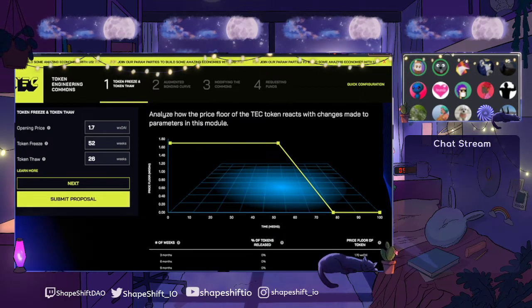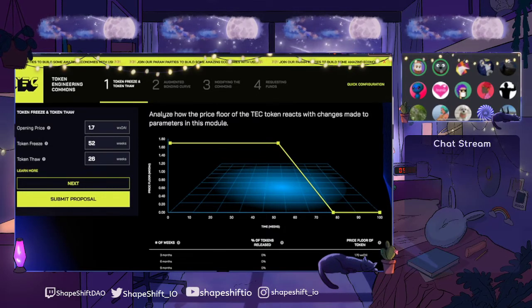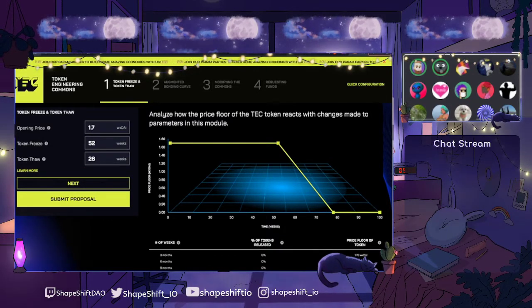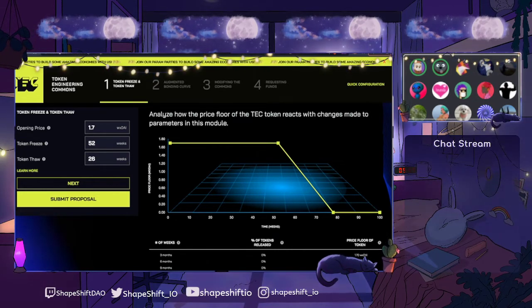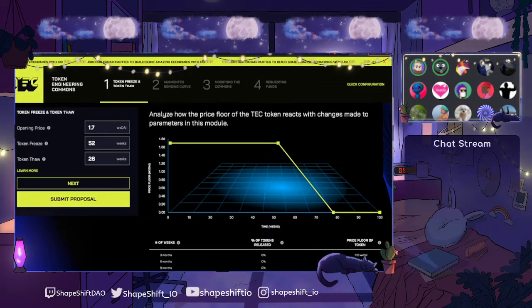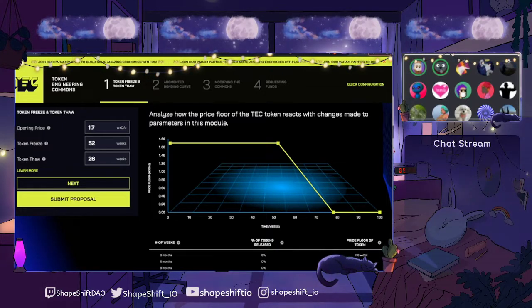Let me post a link really quick. Everything that I'm telling you about each parameter and how the dashboard works is already built into the interface.